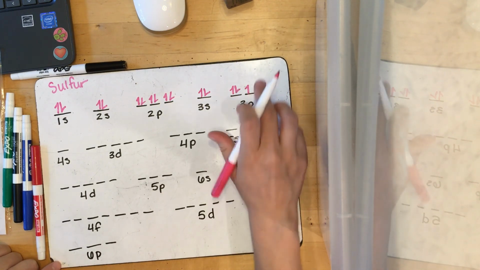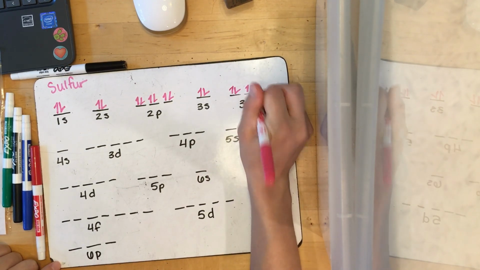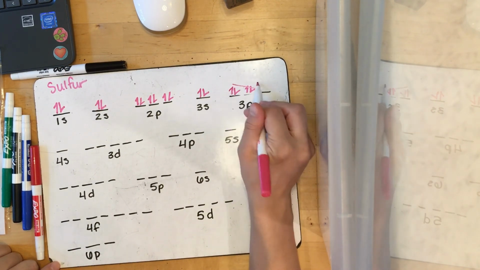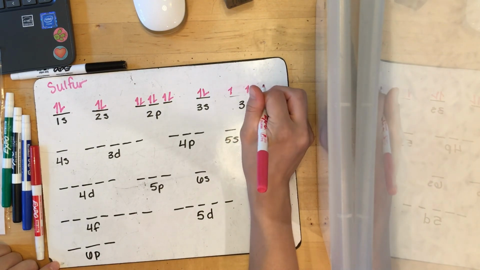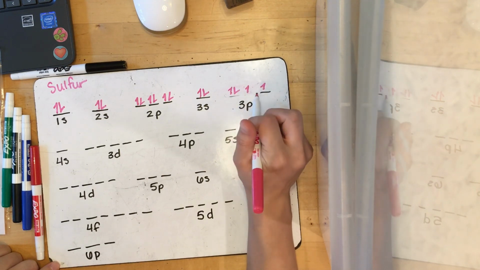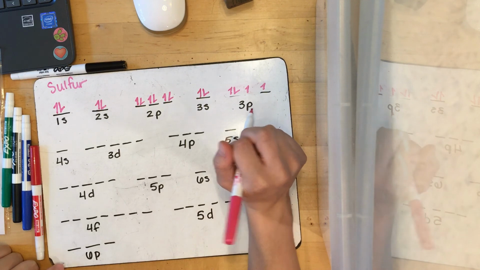Like if we just paired them up right away, it would look like this, which is not correct. So we need to fill them in one at a time to see that there's 2 unpaired electrons in sulfur.